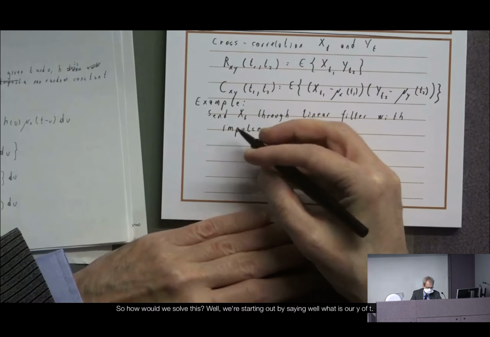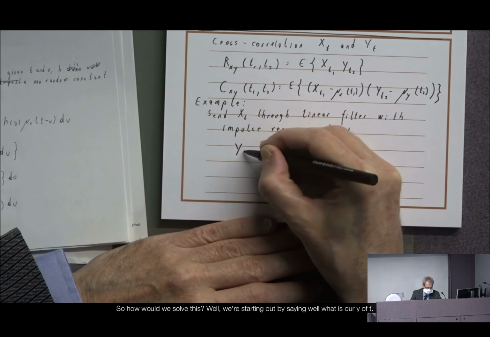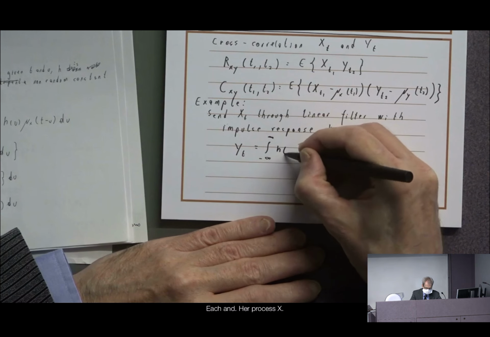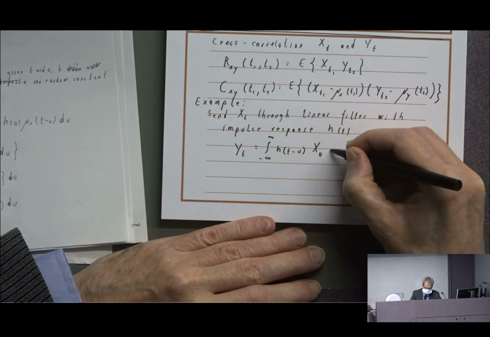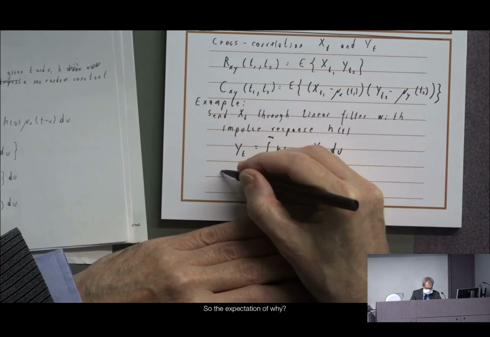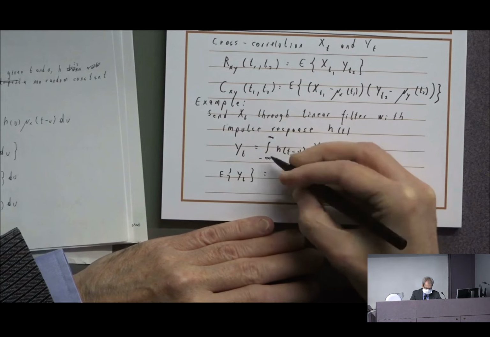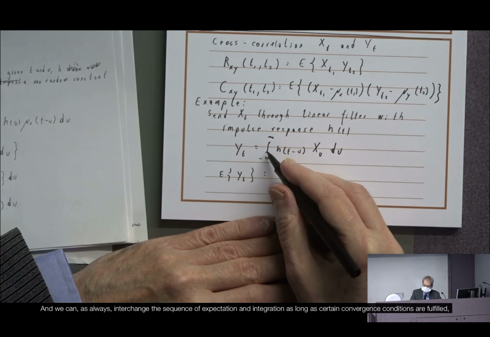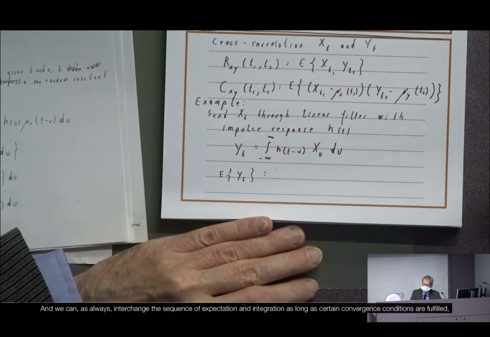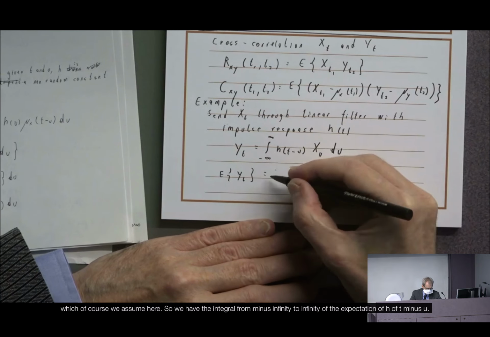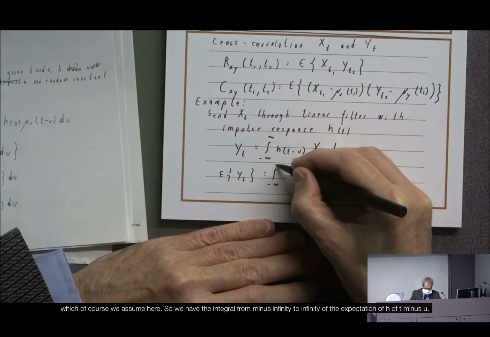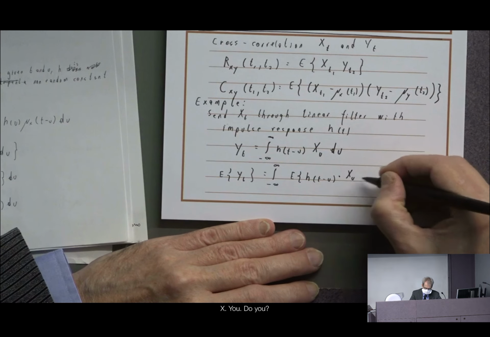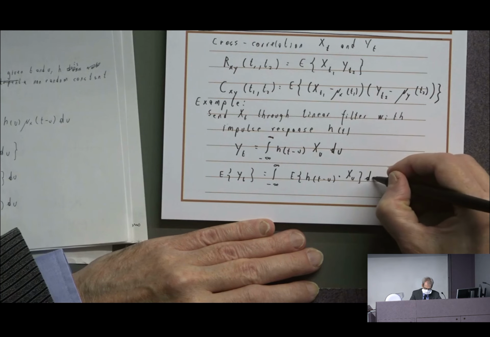So how would we solve this? We're starting out by saying, what is our y(t)? That is the convolution between h and our process x. So the expectation of y is the expectation of this thing here, and we can, as always, interchange the sequence of expectation and integration as long as certain convergence conditions are fulfilled, which we assume here. So we have the integral from minus infinity to infinity of the expectation of h(t minus u) times x(u) du.